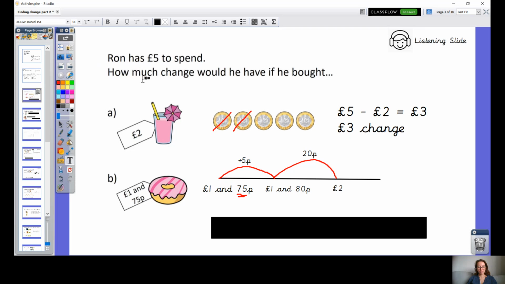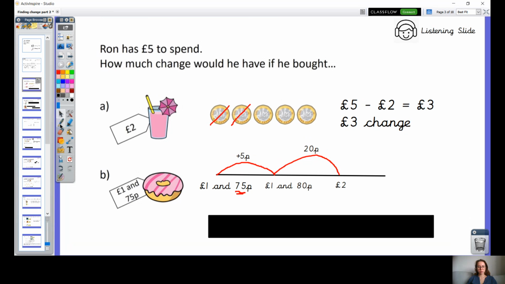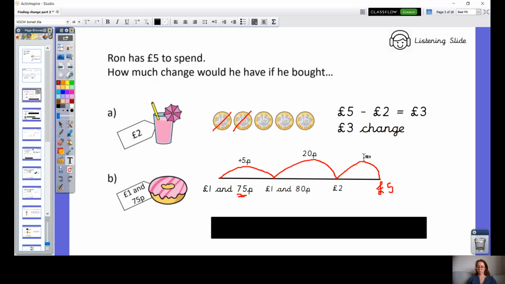Okay, but I know that actually Ron paid with a £5 note. So now I need to be adding on some pounds here. How many pounds will I need to add on to get us to £5? I've got 2.